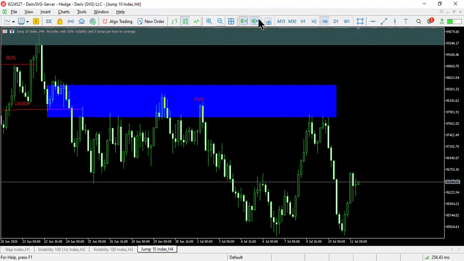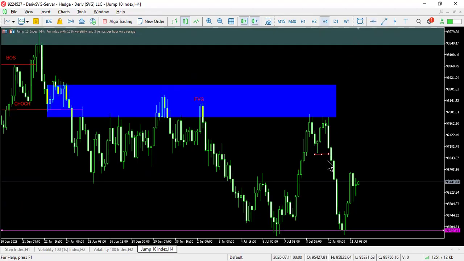Now we are to maximize. We have a recent break of structure here. We have a recent break of structure.